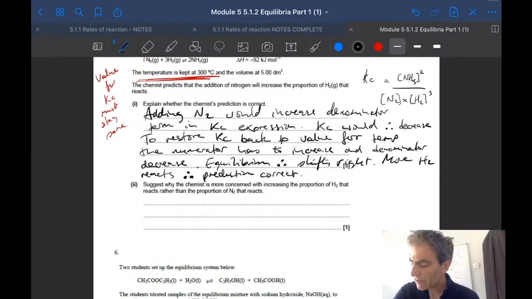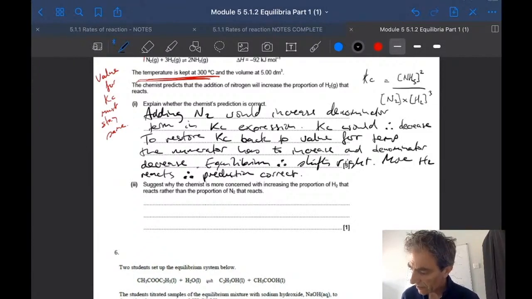So a chemist's not going to be that bothered about wasting nitrogen because it's really easy to get hold of. Hydrogen, on the other hand, is really difficult to get hold of. You've got to electrolyze water, it's not as easy to obtain. So that was the answer in the mark scheme.